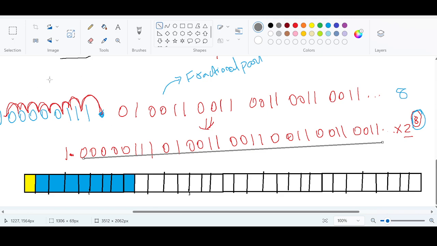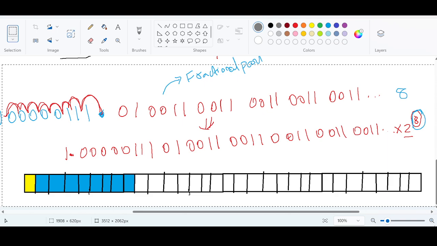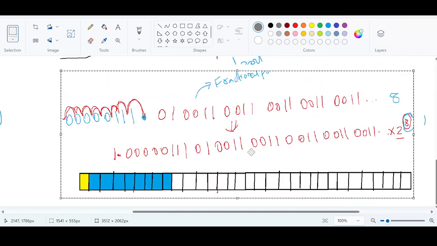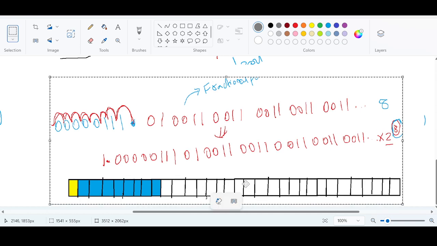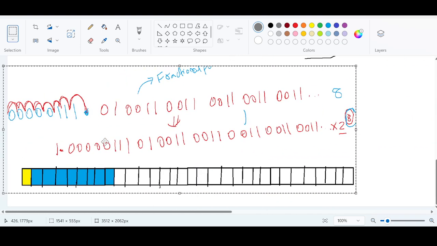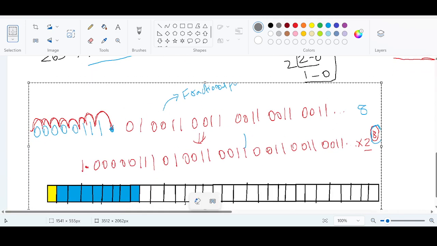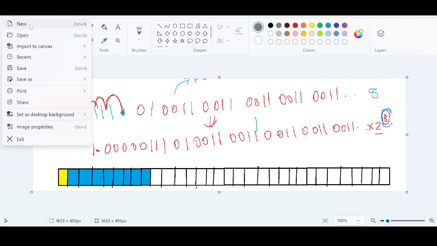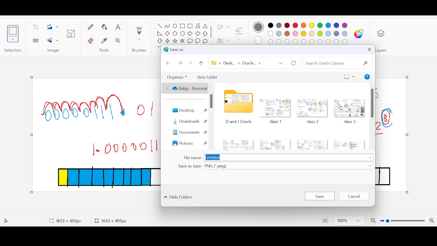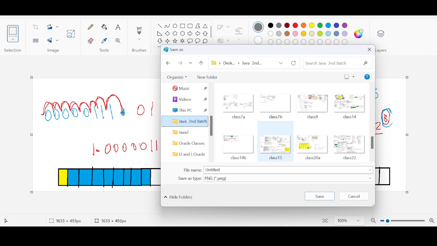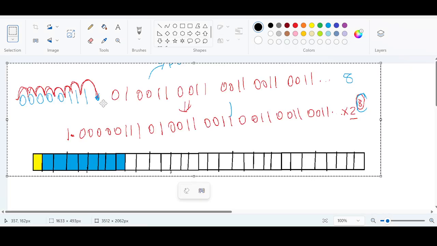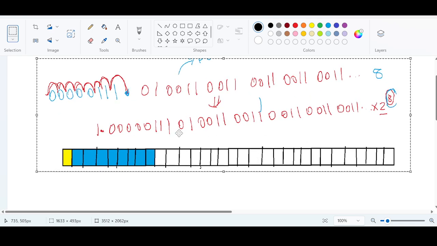Now focus here. I want to take these two numbers. Now you see.